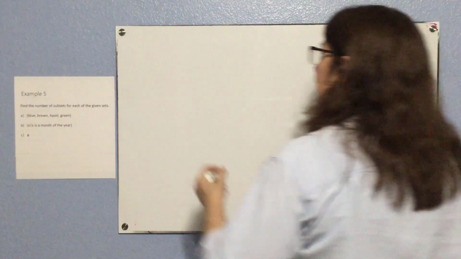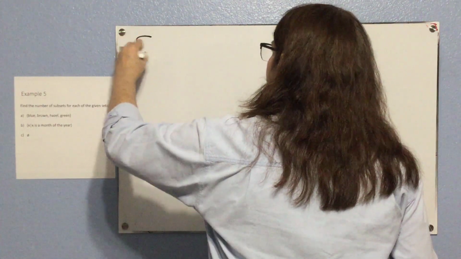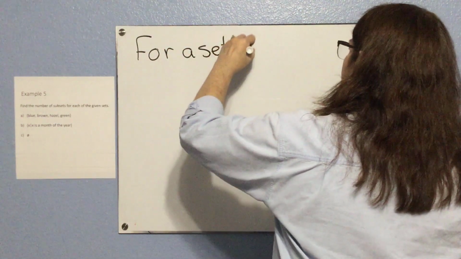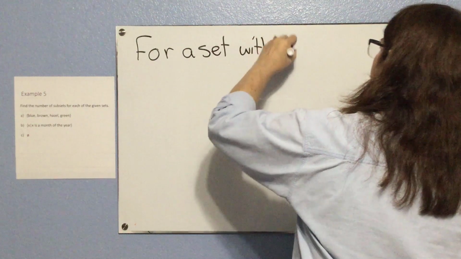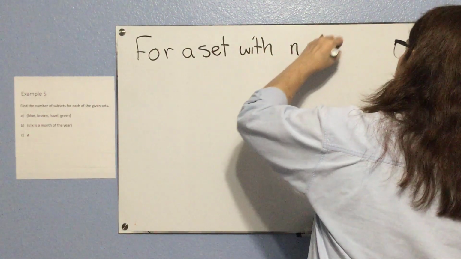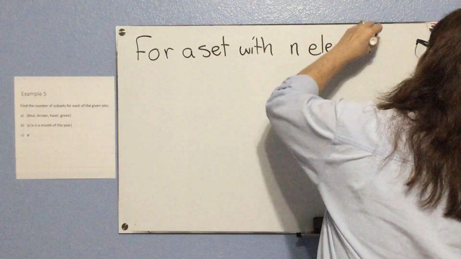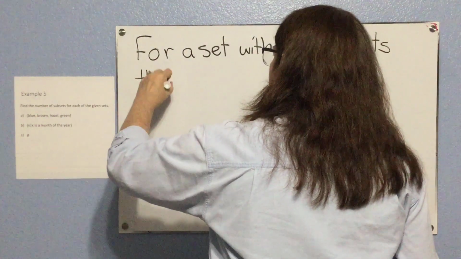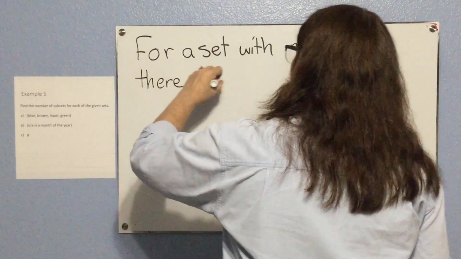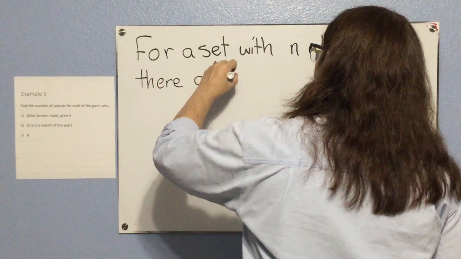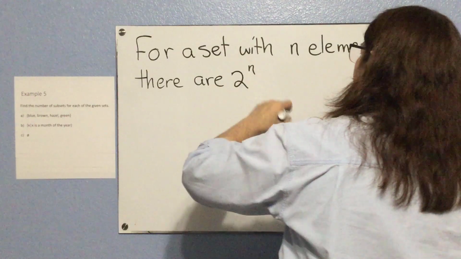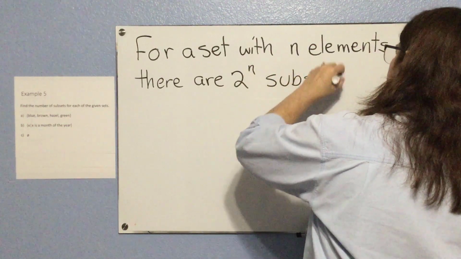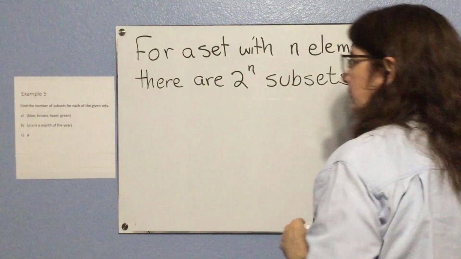The rule is for a set with n elements, there are 2 to the n power subsets. So that's our rule.